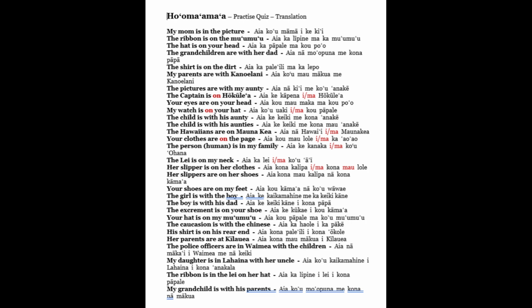So this is a good one. Your shoes are on my feet. So you have ia, but you have the kou. There's no okina. The kou means your. Ka ma'a. See the kahako above the a for ka that emphasizes the vowel. Ma'a, the okina separates the two a's. So ia kou ka ma'a means your shoes.